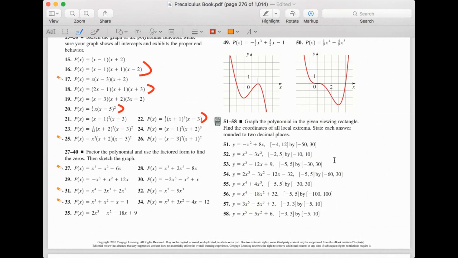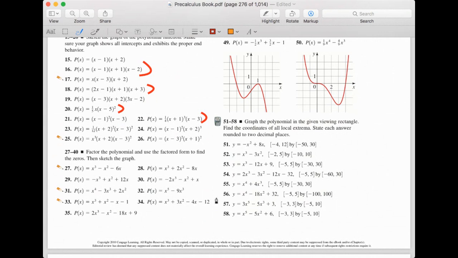I'm going to write in the chat, so don't worry about it. For you, try 16, 18, 20, and 22. Try to find the zeros, the x-intercepts, the y-intercepts, and the degree of the polynomial. Then try to sketch the graph. For 15, 17, 19, factor the polynomial and use factor form to find the zeros.